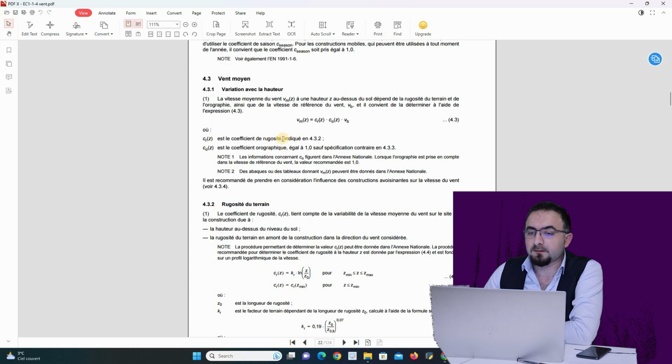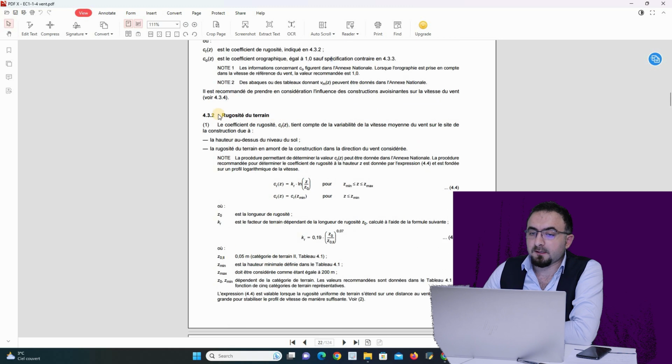The first factor is the roughness of the ground, and the orography, in French language. And the roughness of the ground depends on many factors too.